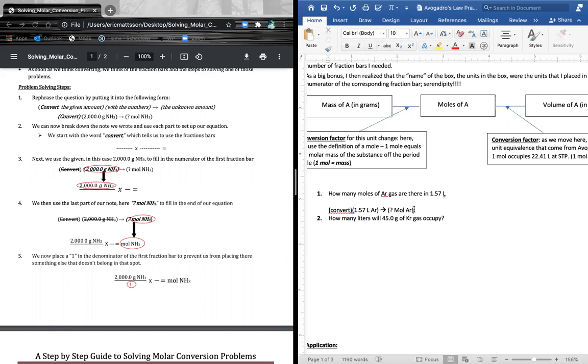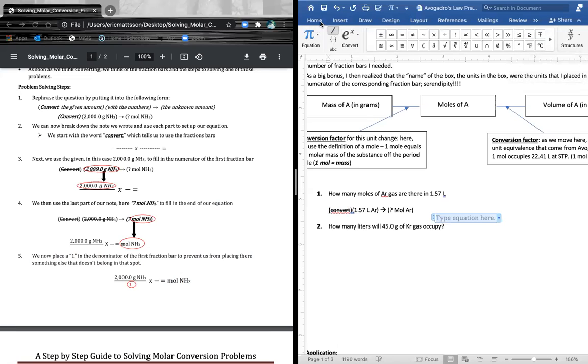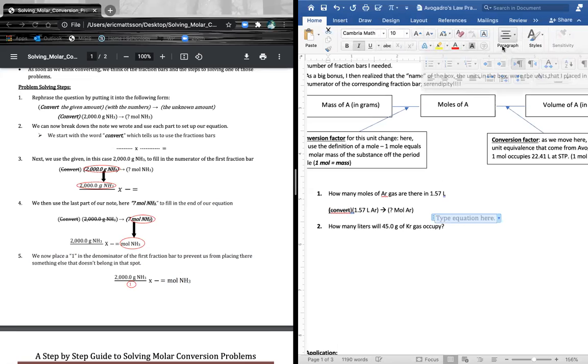Step two, I can now start putting my fraction bars down. I see the word convert here, so that means I'm going to be using my fraction bars. I'm going to go ahead and add these in.